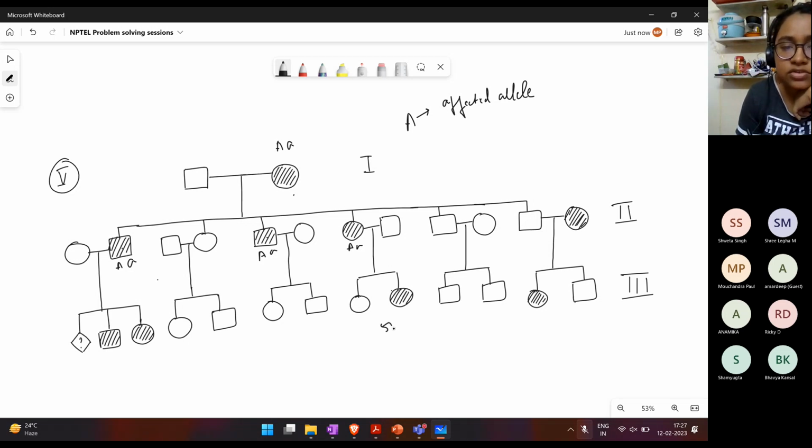In this case also, 50% of the individuals are affected. Here one daughter is affected, here one son is affected, here 3 of the children were affected, and the rest 3 were normal. So I'm guessing that this will be autosomal dominant type of inheritance. This pedigree is showing autosomal dominant inheritance. Does everyone think that it is correct, or does anyone have any other conclusion?